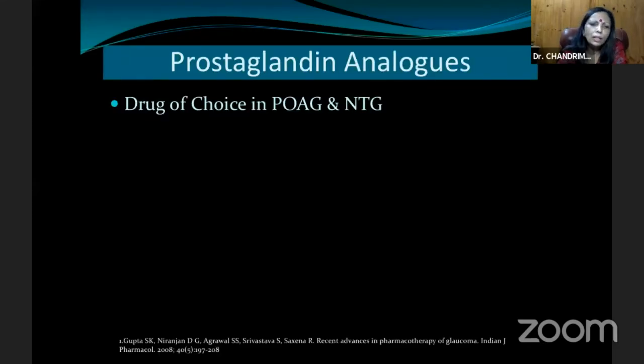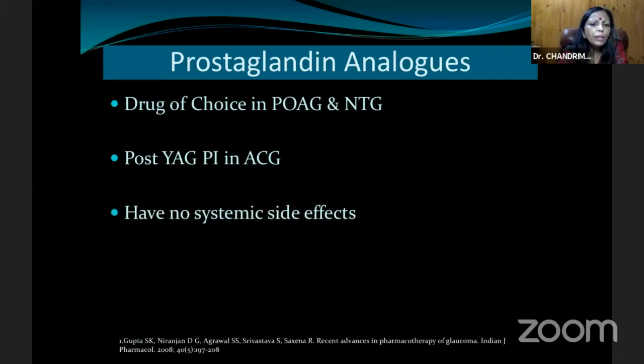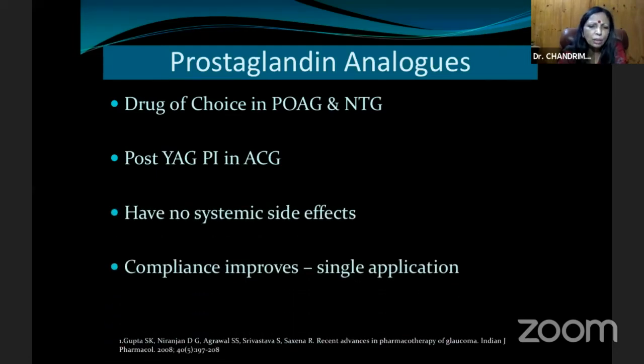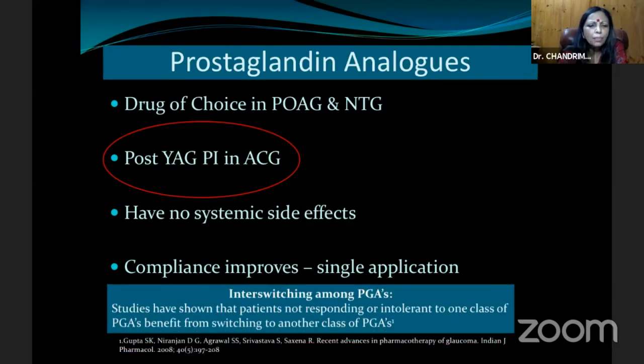Prostaglandin analogues are the drug of choice in primary open-angle glaucoma and NTG, but what we're interested in here is that they're used post-LPI in angle closure. They have very few systemic side effects. Compliance improves because of single application. And again, here we are dealing with their use in post-PI cases.